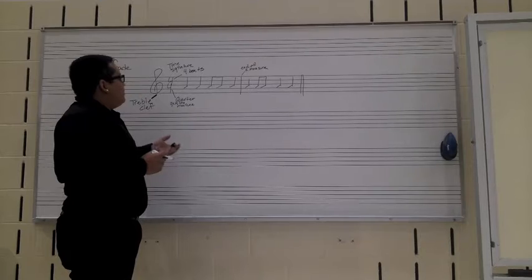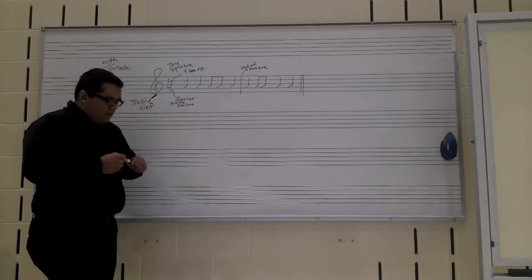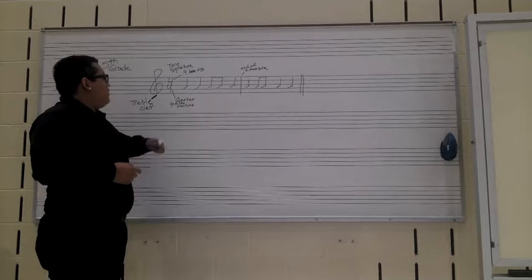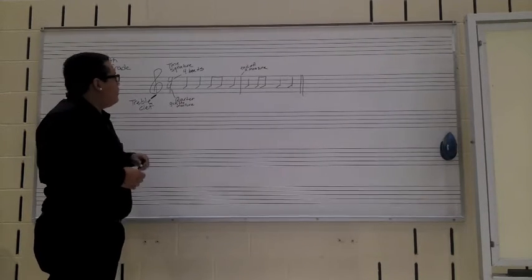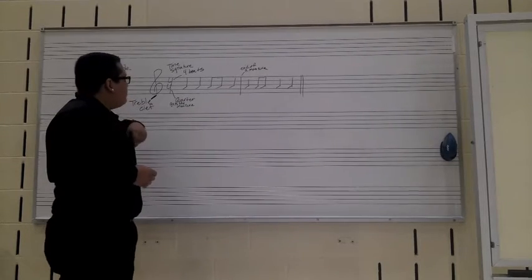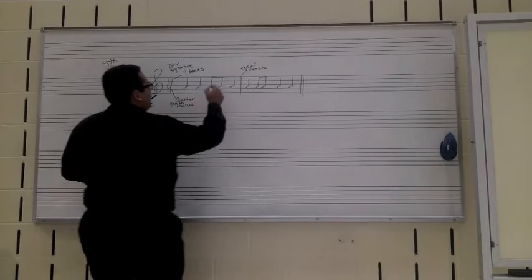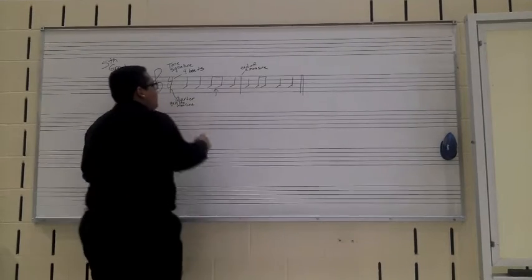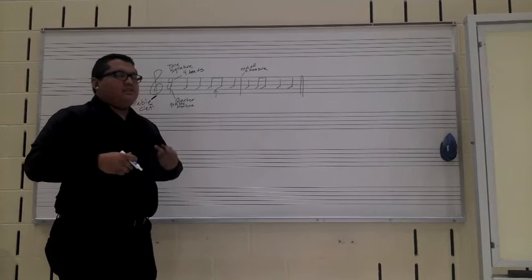Now, from the notations that we see, what do we see? We're going to see a quarter note, followed by another quarter note. What is this symbol right here? It is a set of 2 eighth notes.